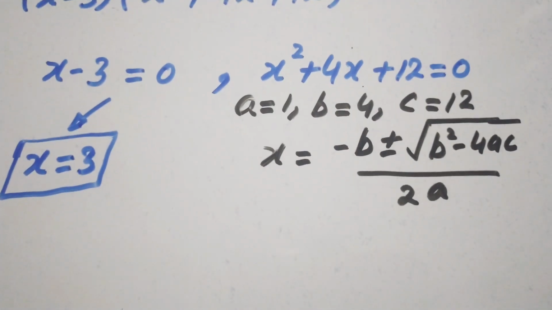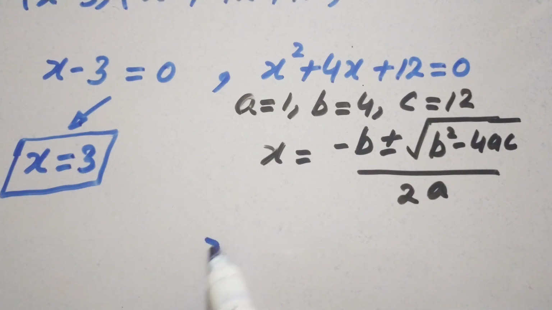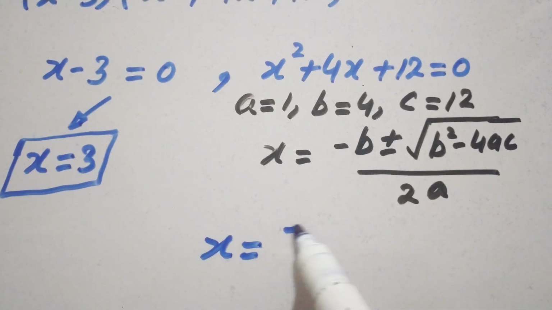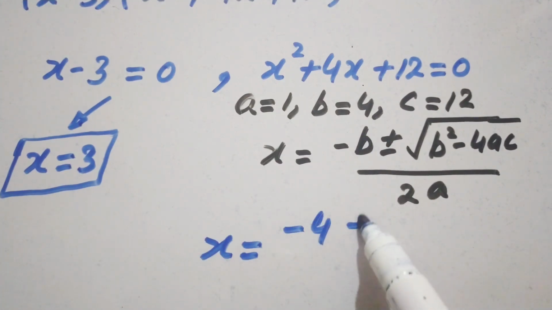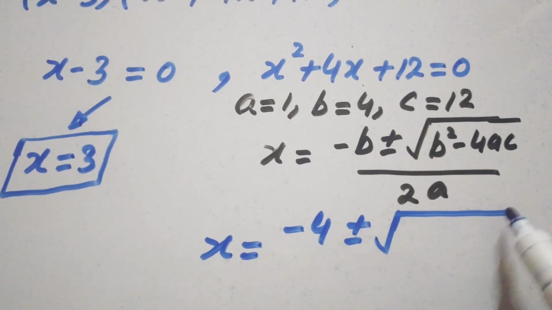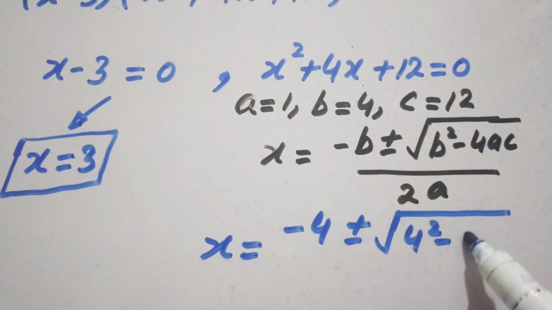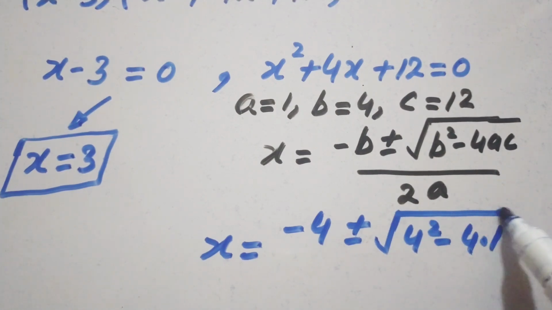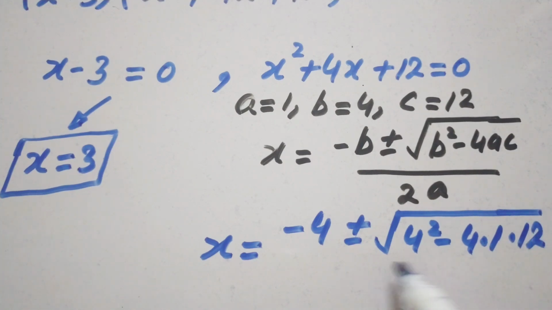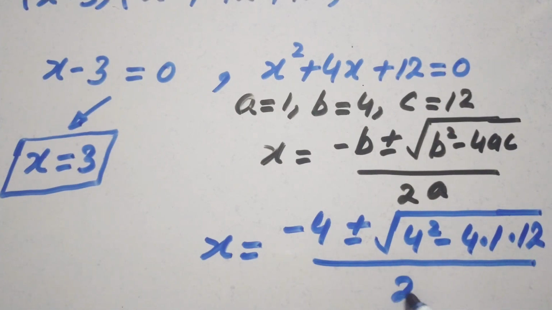Using these values in this quadratic formula, we get x is equal to minus 4 plus minus square root of 4 squared minus 4 multiplied by a, which is 1, and multiplied by c, which is 12, divided by 2 multiplied by a, which is 1.